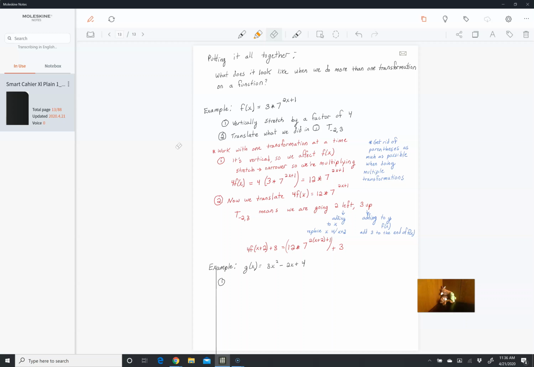We'll horizontally stretch by a factor of 2. And we'll reflect in the y-axis.